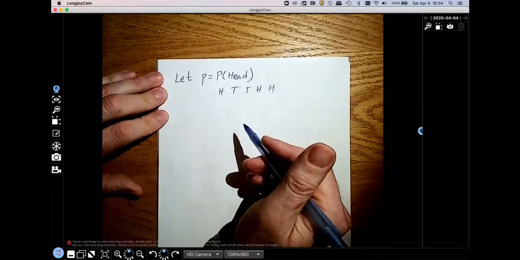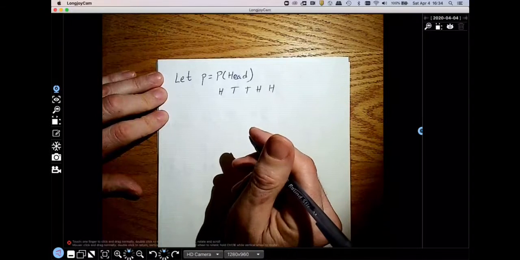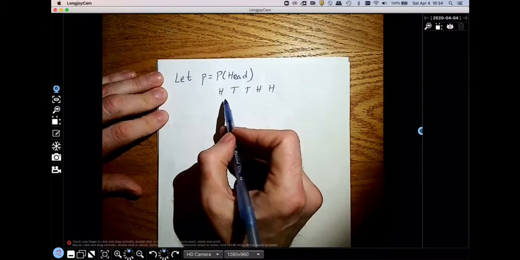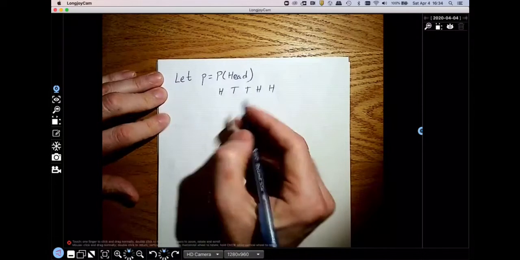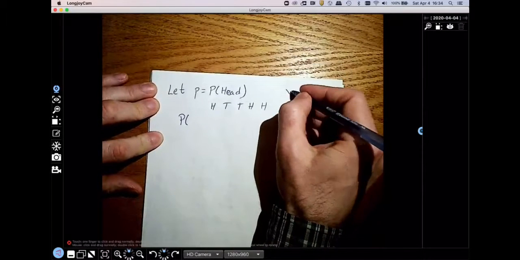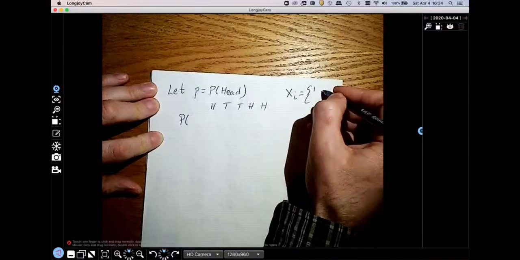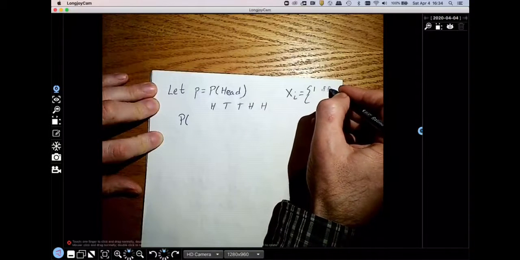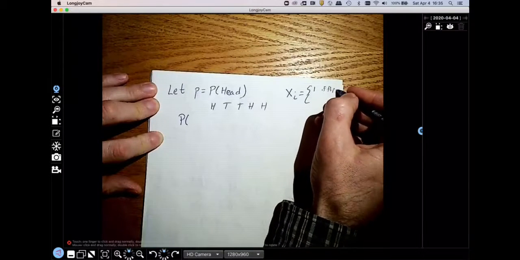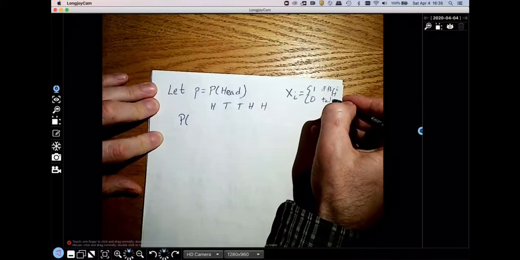So the idea of maximum likelihood is simply this. We're going to write out the probability of observing this. Let's say that x sub i is equal to 1 if flip i is a head, 0 if it's tails.